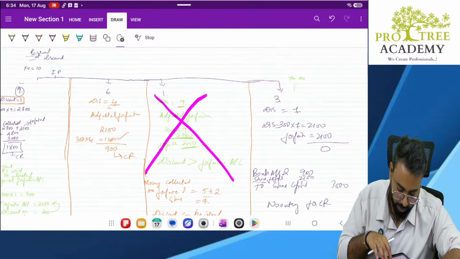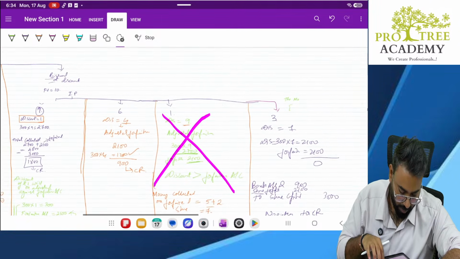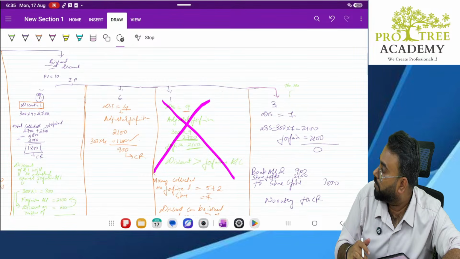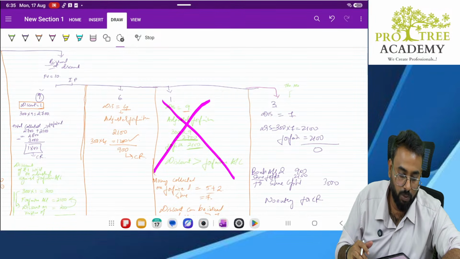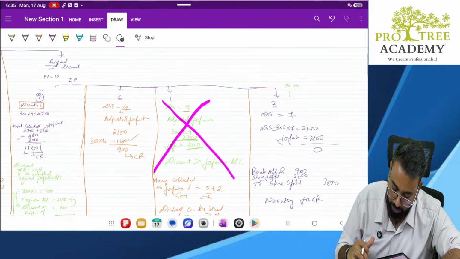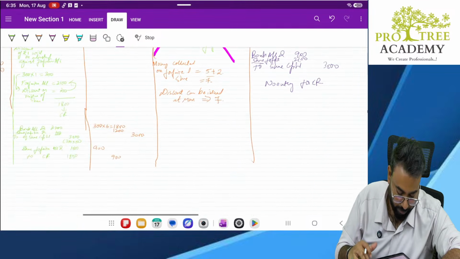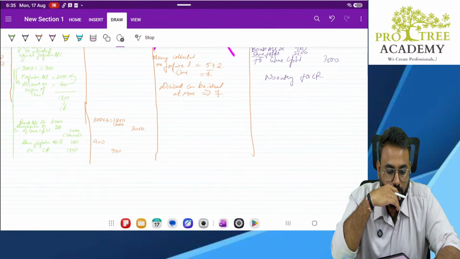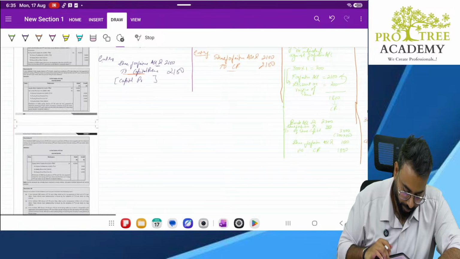Okay, first we'll zoom in and take the calculation part. That's why I'm telling you, just don't keep taking screenshots. You have to copy it down in the notes as well.